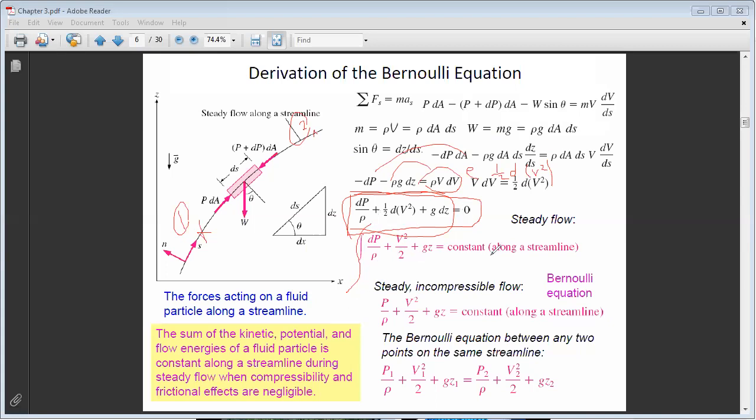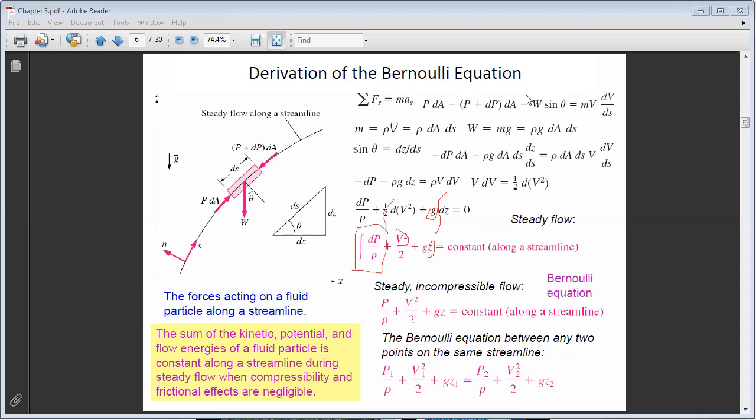In the case of incompressible flow, what happens when I integrate each of these terms? g is constant, so when I integrate dz, I get z. And when I integrate d v squared over 2, I get v squared over 2. I still have the term integral dp over rho.